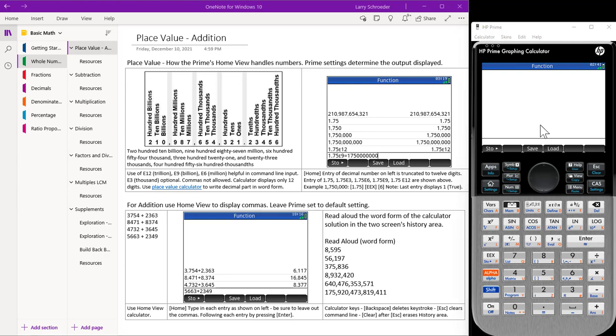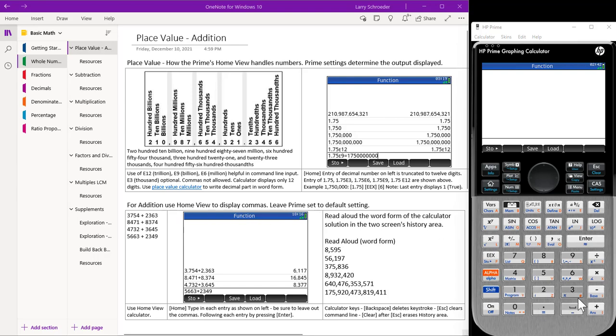We start out with the clear calculator. What we did was we pressed the clear key. To press the clear key, we had to press the shift before we pressed the clear key. The first one here is 3,754 plus 2,363.